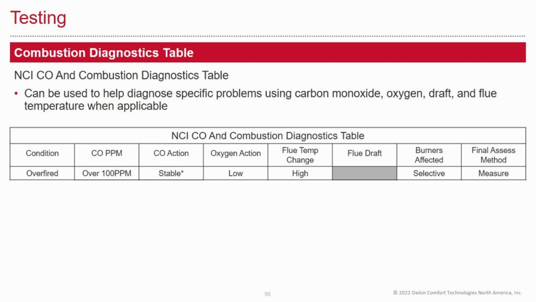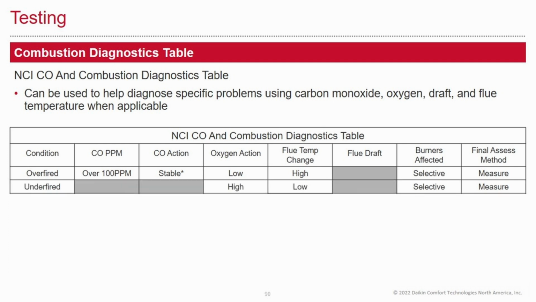The burners affected would be selective, and the final assessment method would be measurements with a combustion analyzer. On an underfired system, the oxygen action would be high, the flue temp change would be low, the burners affected would be selective, and final assessment would require measurements.